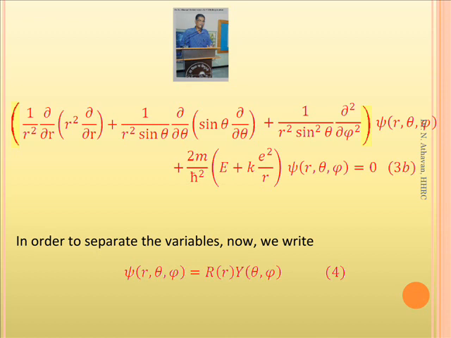For the separation of variables, in the usual way, we write the function psi(r, theta, phi) as R(r) into Y(theta, phi). That means we are splitting the function psi into two different functions. One exclusively depends on the radial variable, and the other function exclusively depends on the angular variables theta and phi. That is the idea now.